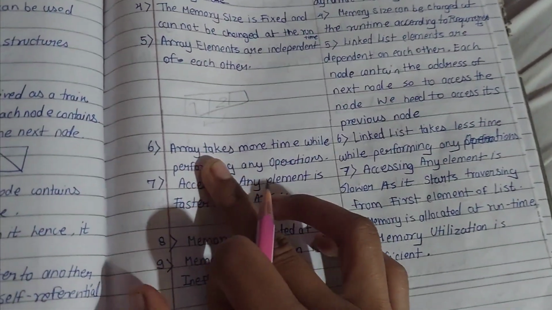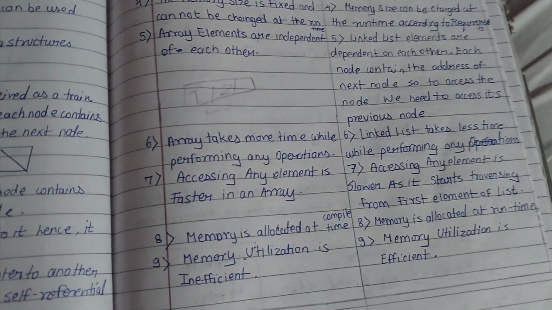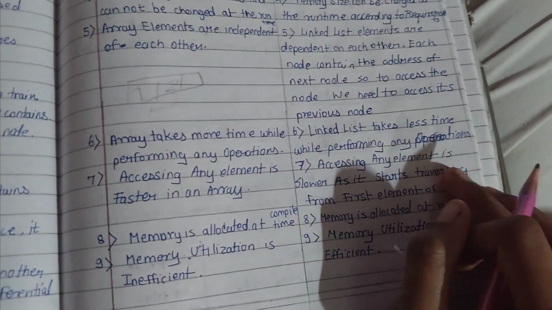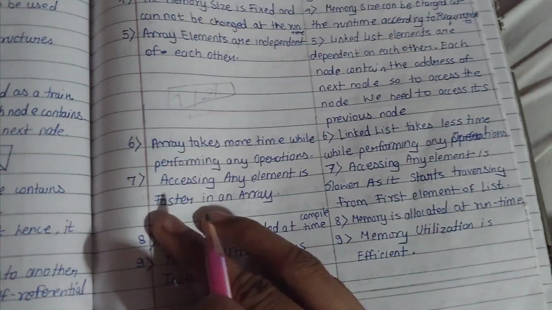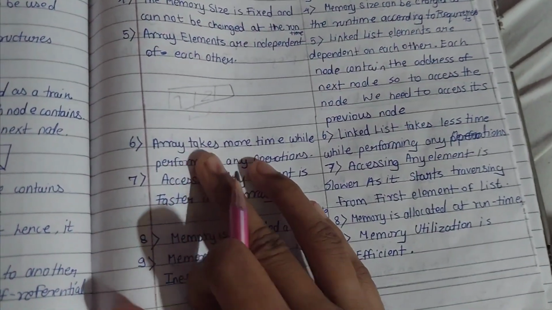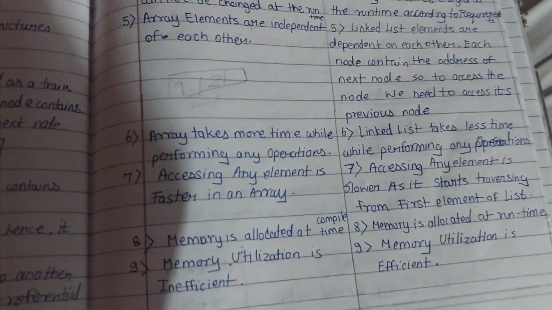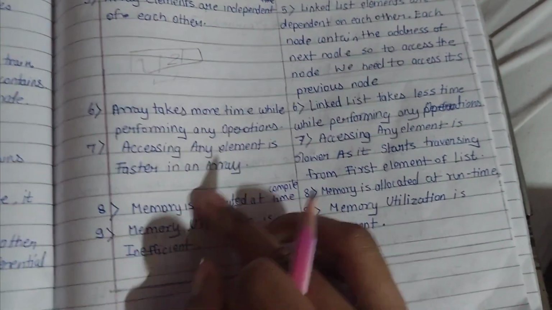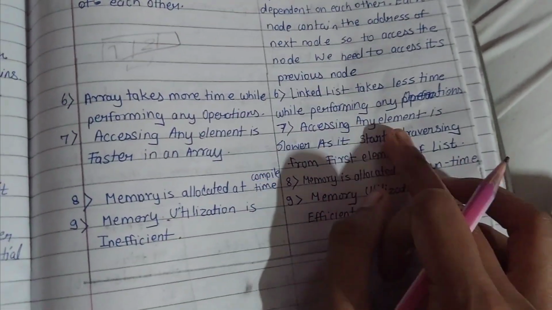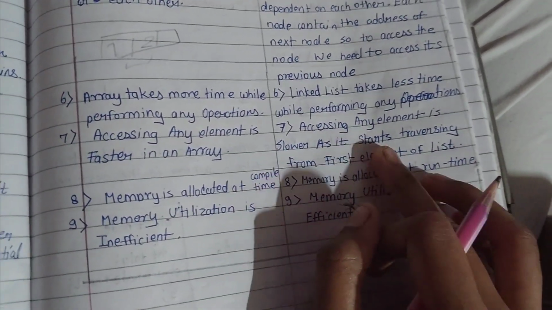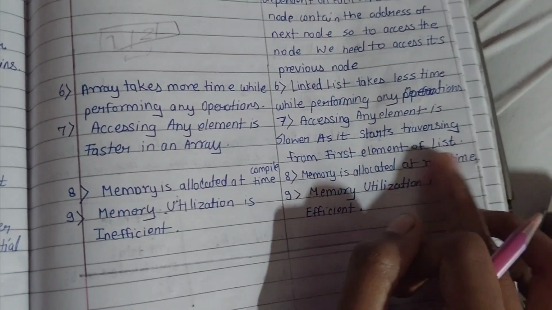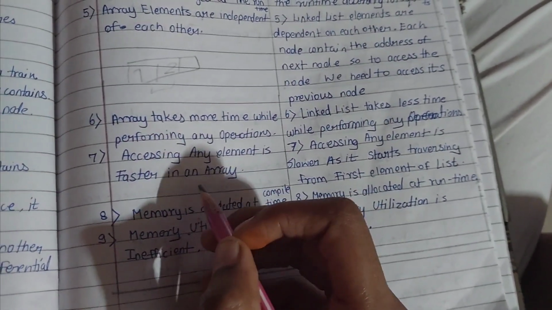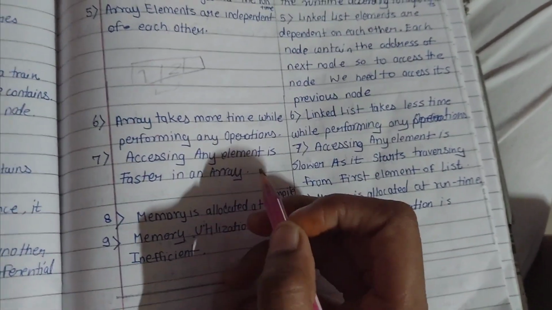Now, an array takes more time while performing operations, and a linked list takes less time. Accessing any element is faster in an array, while accessing an element in a linked list is slower, as it starts traversing from the first element of the list.